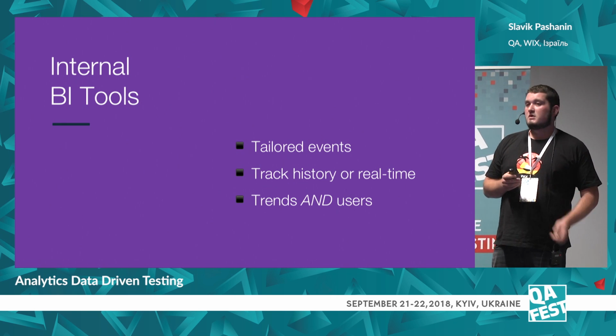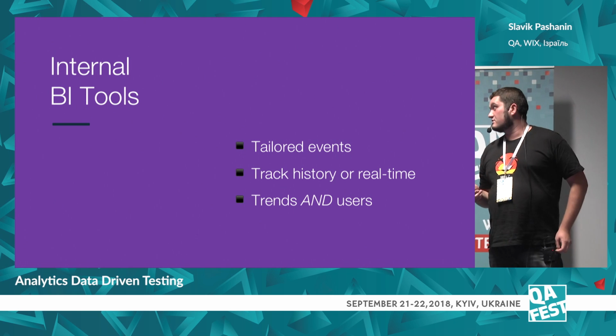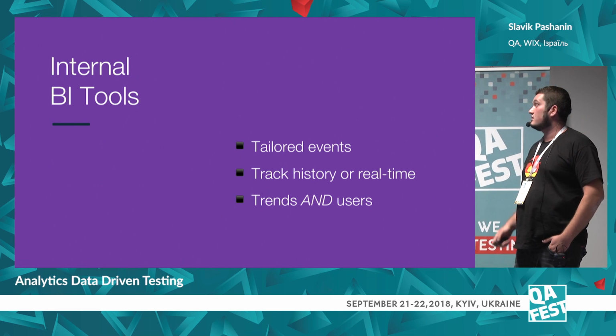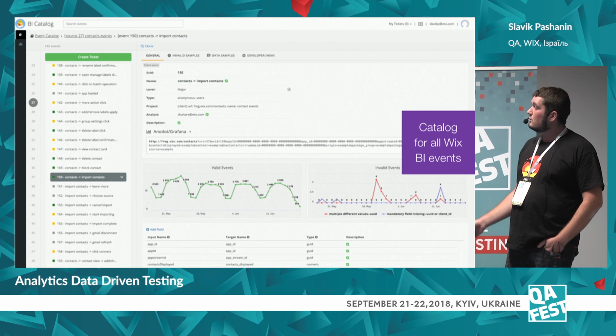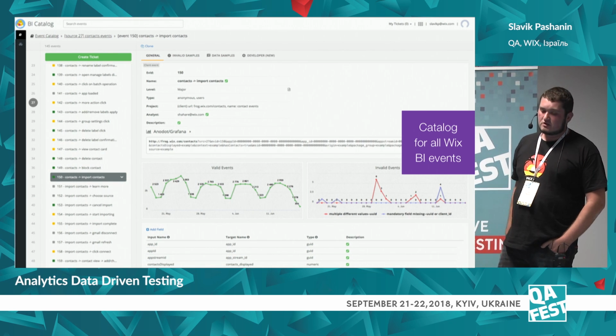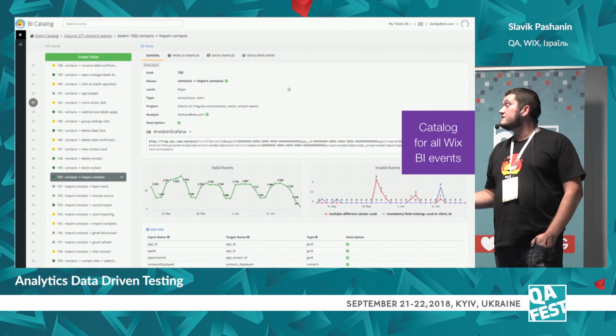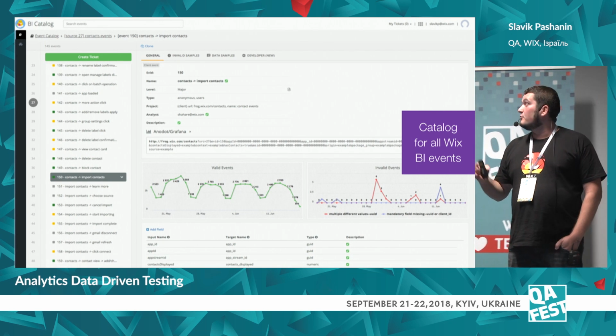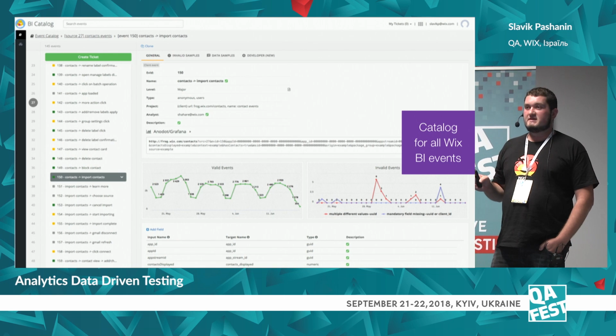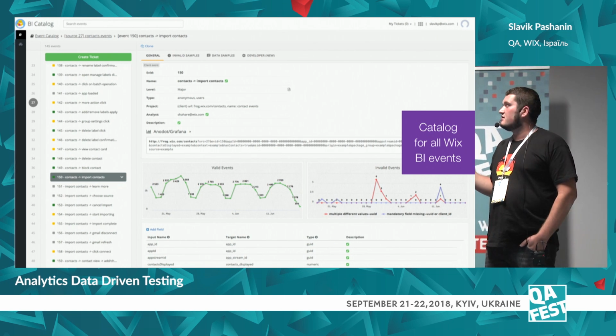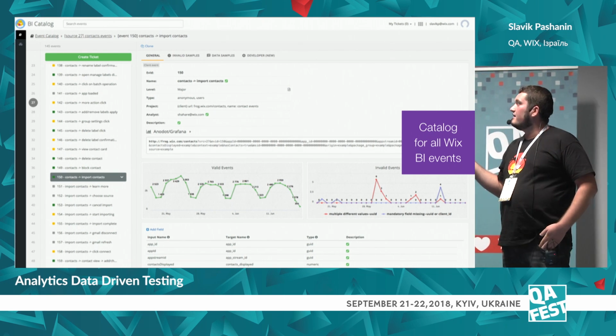In this case, I will talk about our company Wix and our internal tools. So we have something called BI Catalog. All this does is put all the BI events in one place. The name is not relevant.